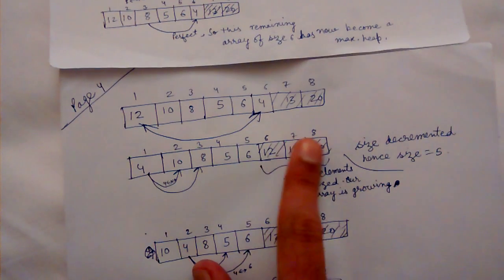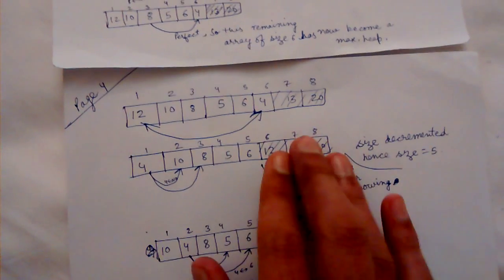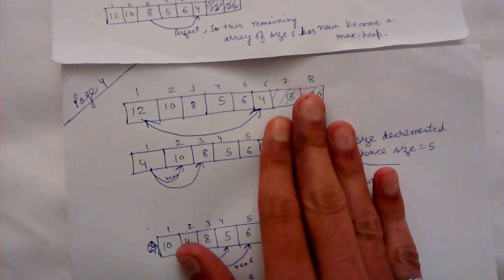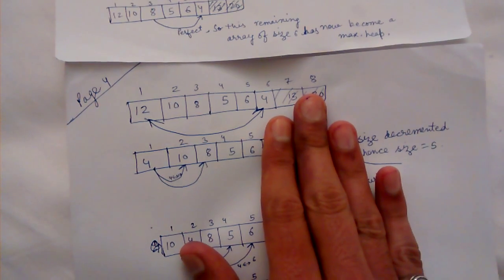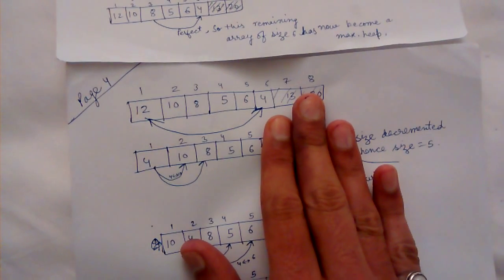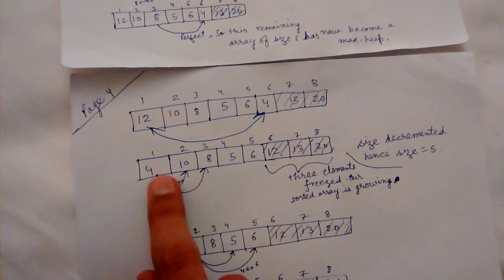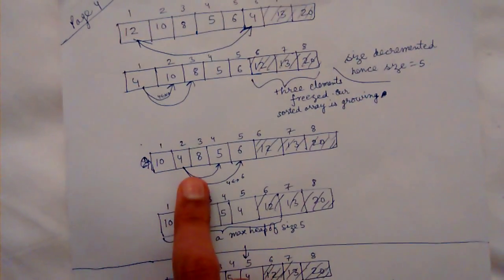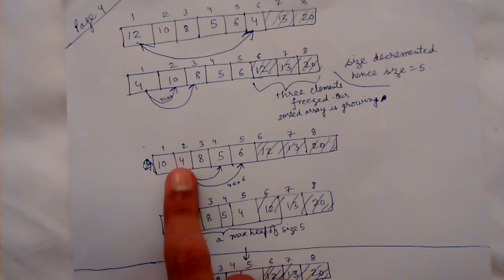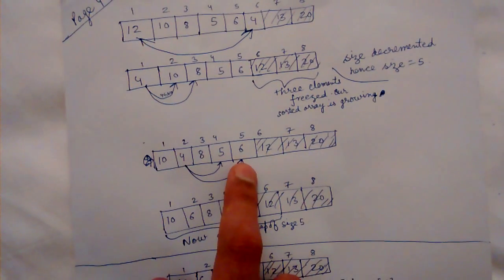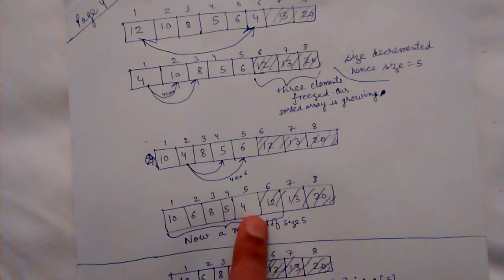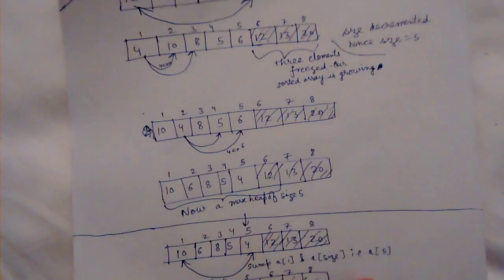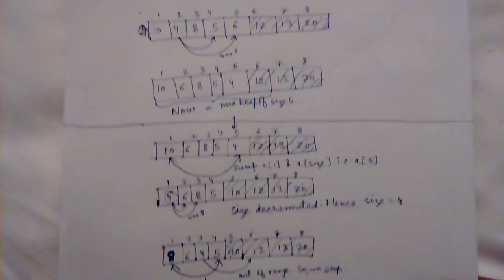So these 3 elements are frozen, we don't have to deal with them anymore, and this is the remaining unsorted array. So we take 4 to its correct position, its two children are these. We swap it with the greater one, that is 10. Again 4's two children are these. We swap it with 6, which comes here. Now it is a max heap of size 5.